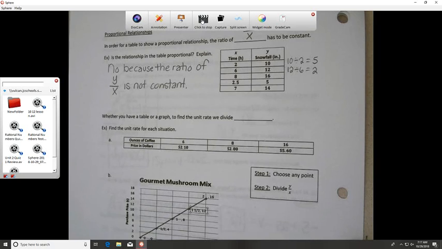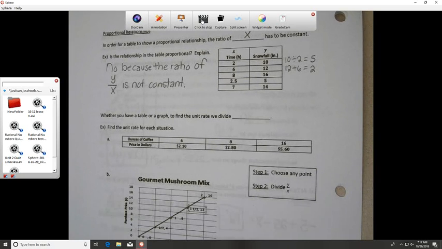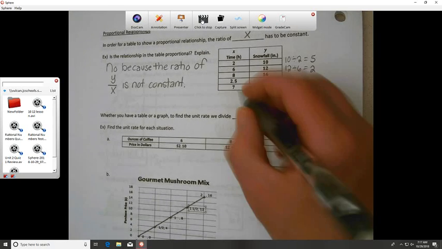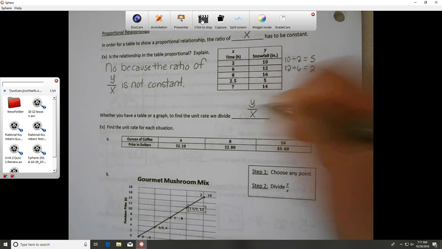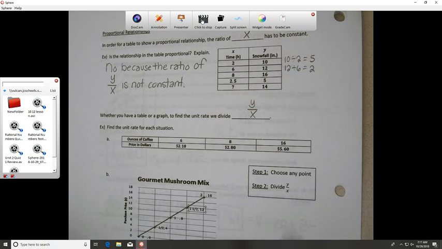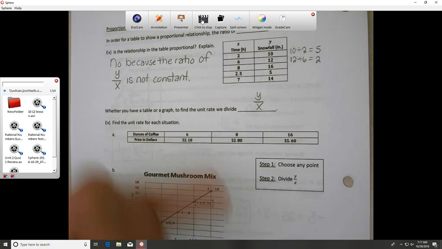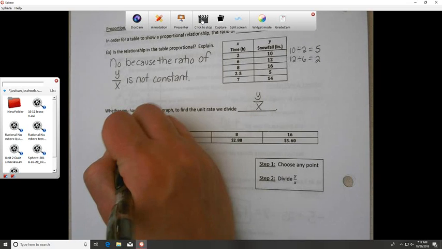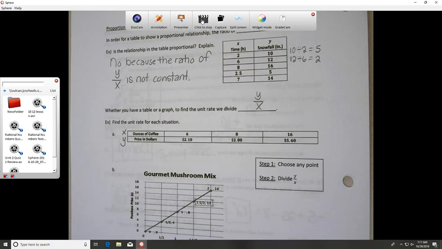All right, so then it says, whether you have a table or a graph to find the unit rate, it's always dividing y divided by x. All right, so this one says, find the unit rate for each situation. So the first one we have is a table. When the table is sideways, people sometimes get confused. The top one is your x, the bottom one is your y. All right, so if I want to find the unit rate here, I can pick any point on the table and divide y divided by x.